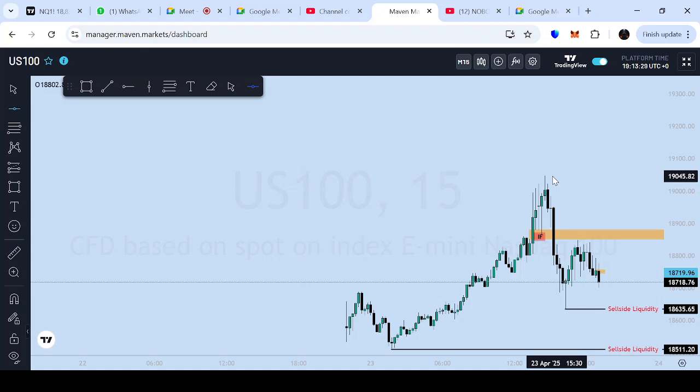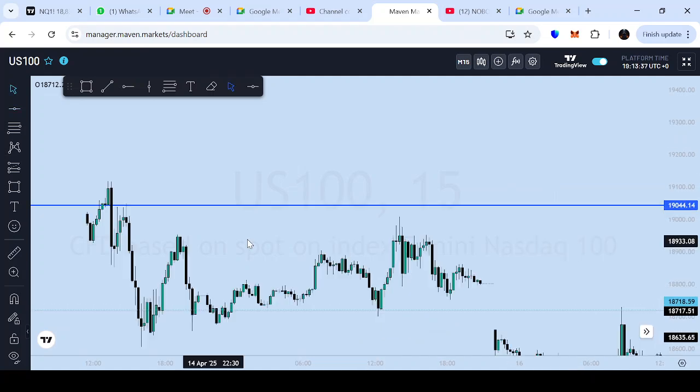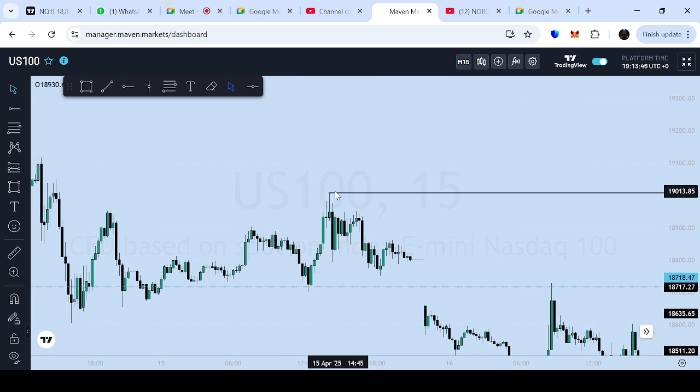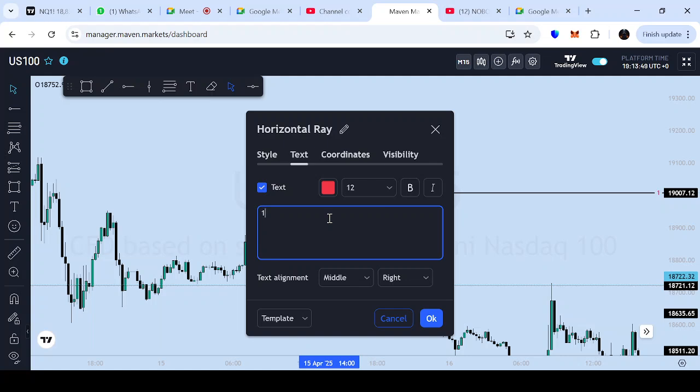So by 9:30 a.m., price is seeking a liquidity. Here is the liquidity, the buy side liquidity. That's the 15 minutes buy side liquidity.